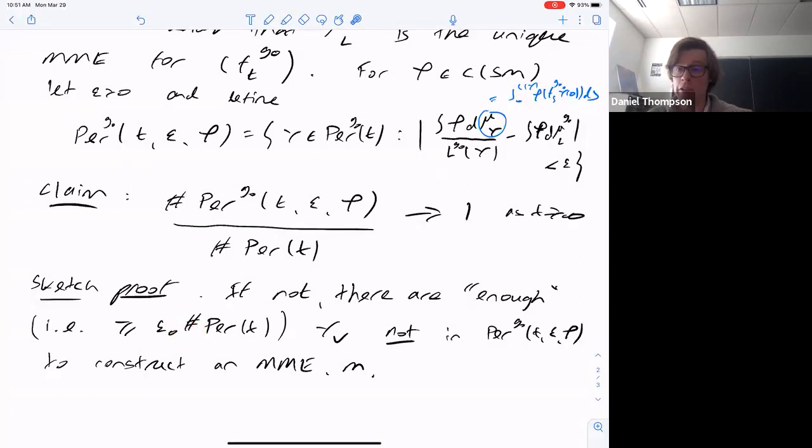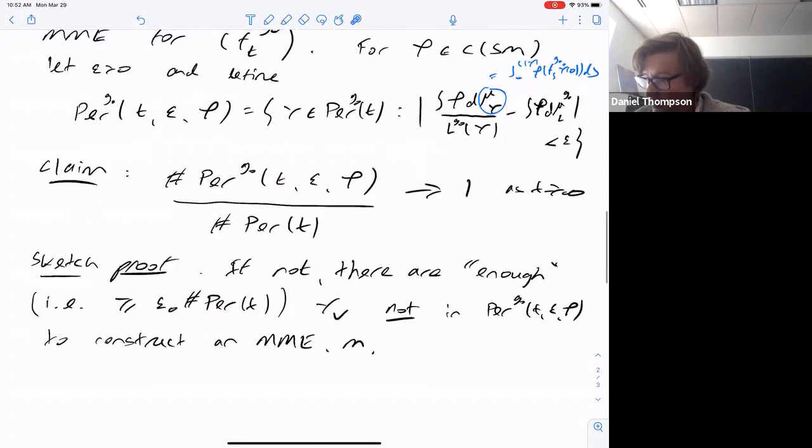I can put that data in there, and I can take a limit measure, as we've seen before, built out of all the objects in the complement of this set. I'm going to get a definite growth rate. The limiting measure is going to be a measure of maximal entropy.